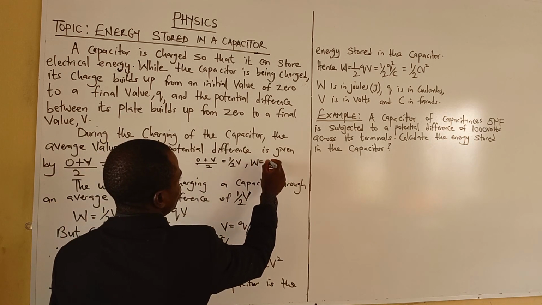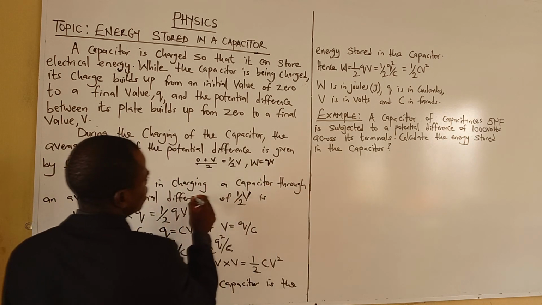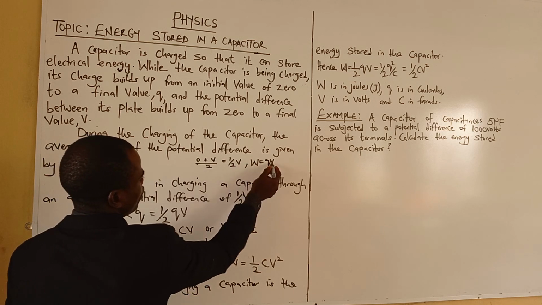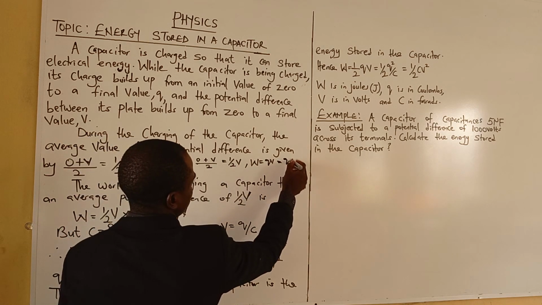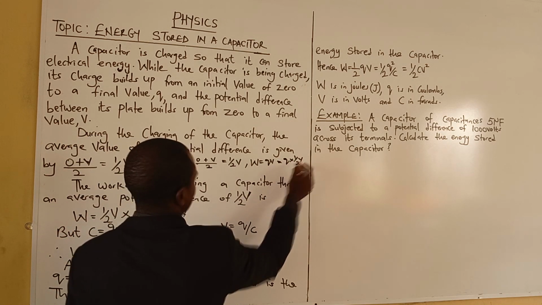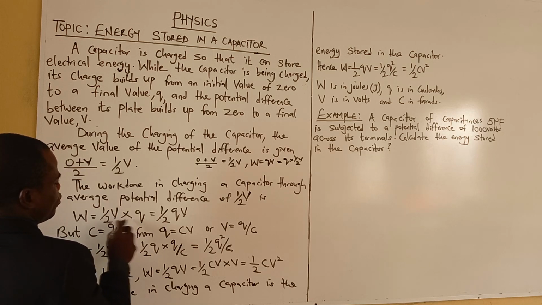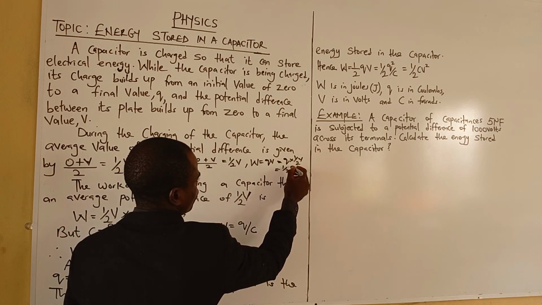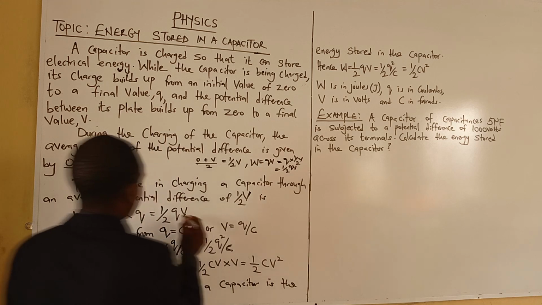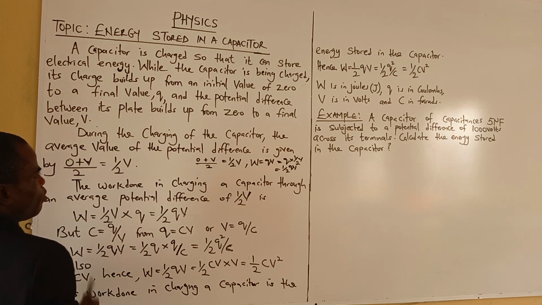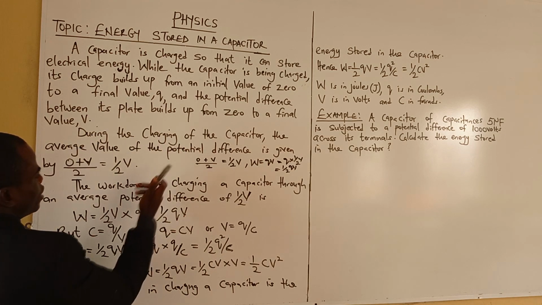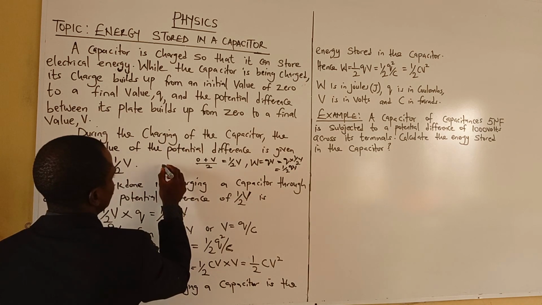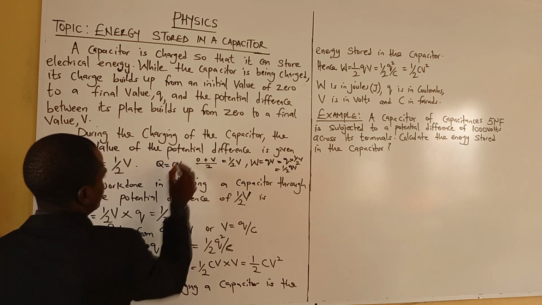We know that W equals QV, but since we are dealing with the average value of V, it will now be Q times half V. That's where we got half V times Q, which equals half QV.